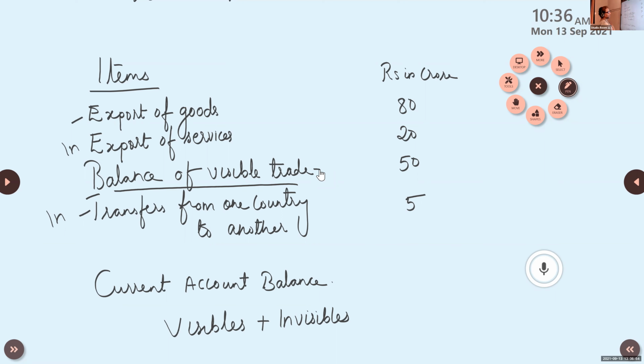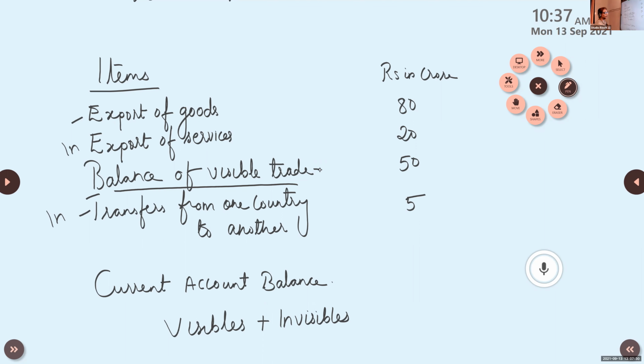Balance of visible trade. Anjo? Balance of visible trade includes what all things? Tell. Because whatever is given, it's not compulsory that we should take everything. What about Aditya?